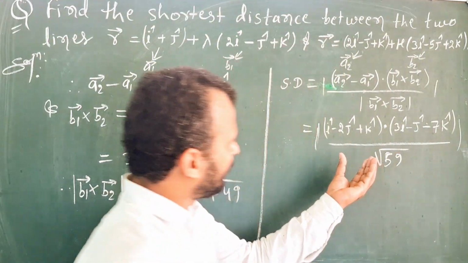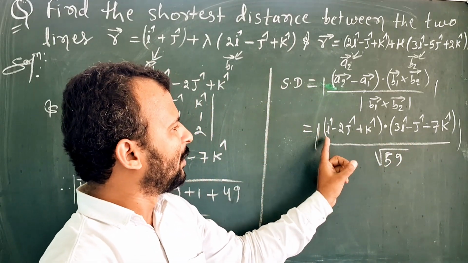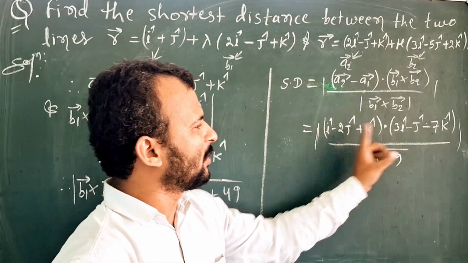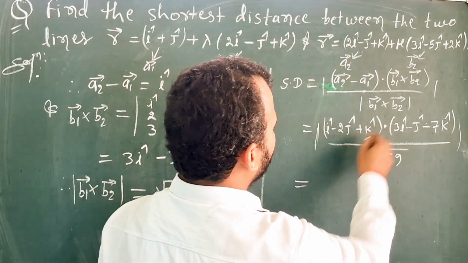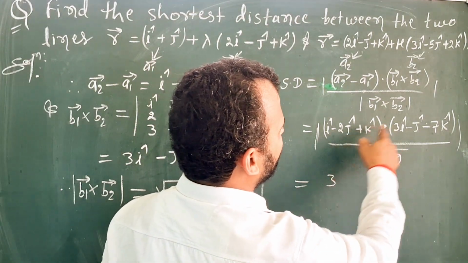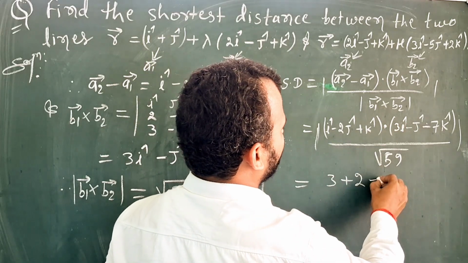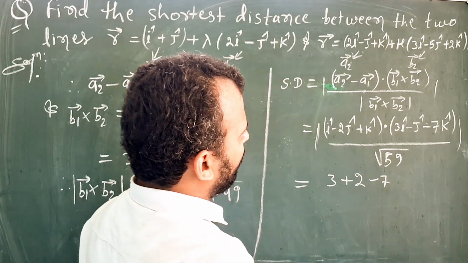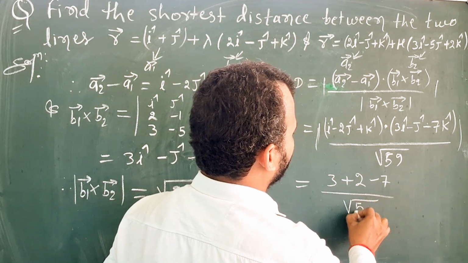Now we know that the scalar product of two vectors is x1 x2 plus y1 y2 plus z1 z2. So we write directly 1 into 3, which is 3, and minus 2 into minus 1, which is plus 2, and 1 into minus 7, which is minus 7, divided by square root of 59.